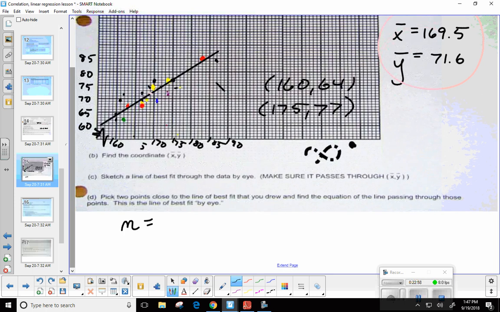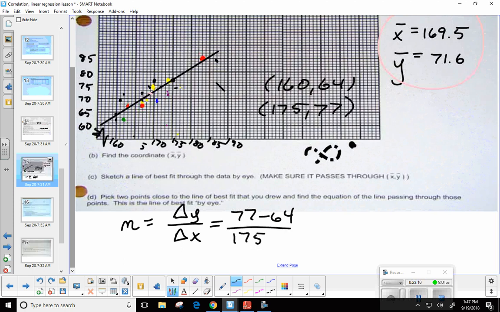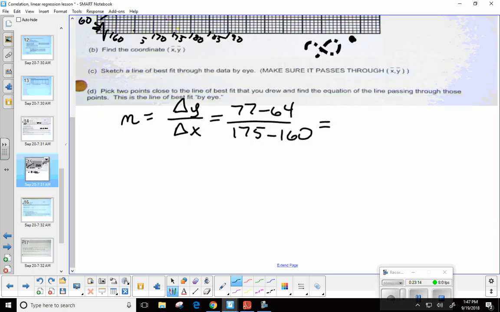The slope is the change in y over the change in x. So I'll go 77 minus 64 over 175 minus 160. First off, 77 minus 64 is 13, divided by 15. 13 fifteenths.